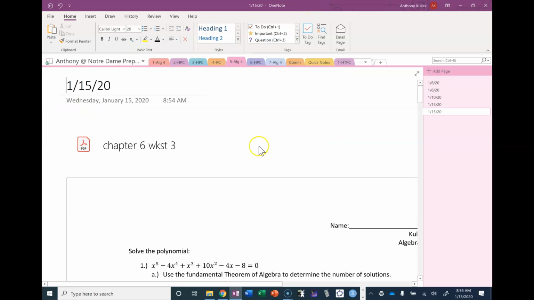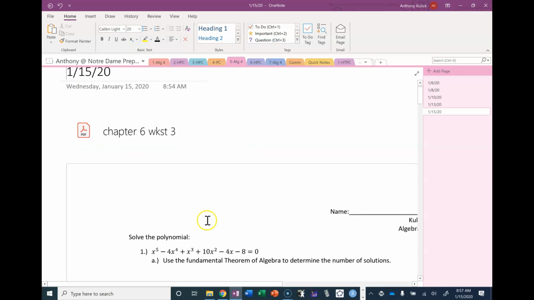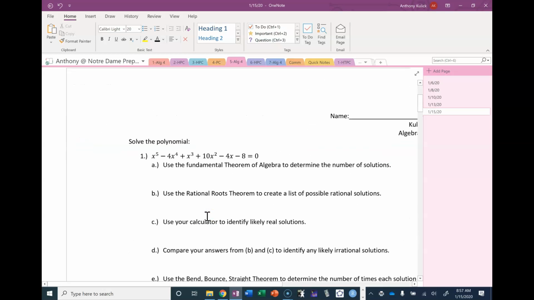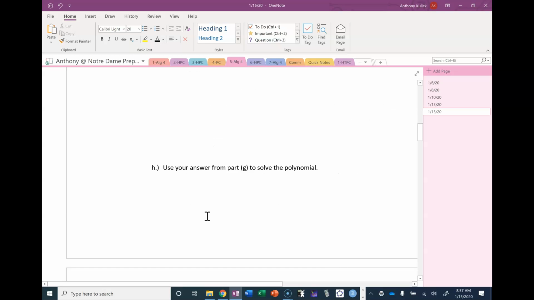Depending on how well you're able to interpret the picture that you get on your calculator, some of them could have been more or less challenging than others. Okay, we did the first one together though, right?